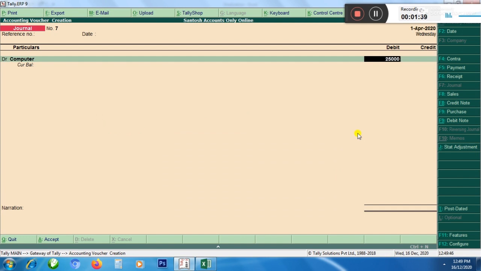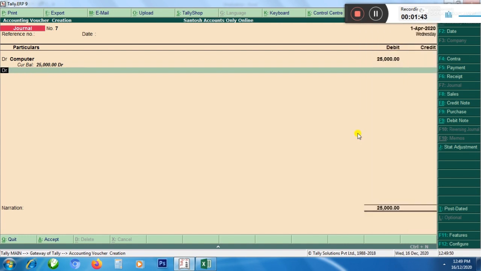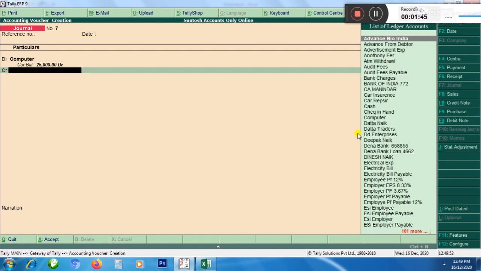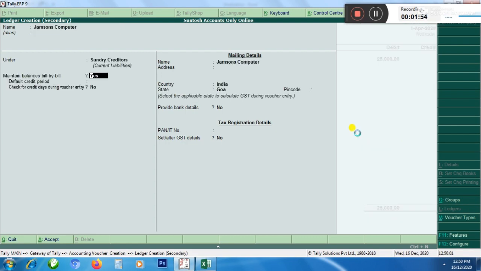If there is GST on the bill, you have to debit input CGST and SGST. I will not put that. Credit what? I purchased that computer from Jameson, sundry creditor. Done.